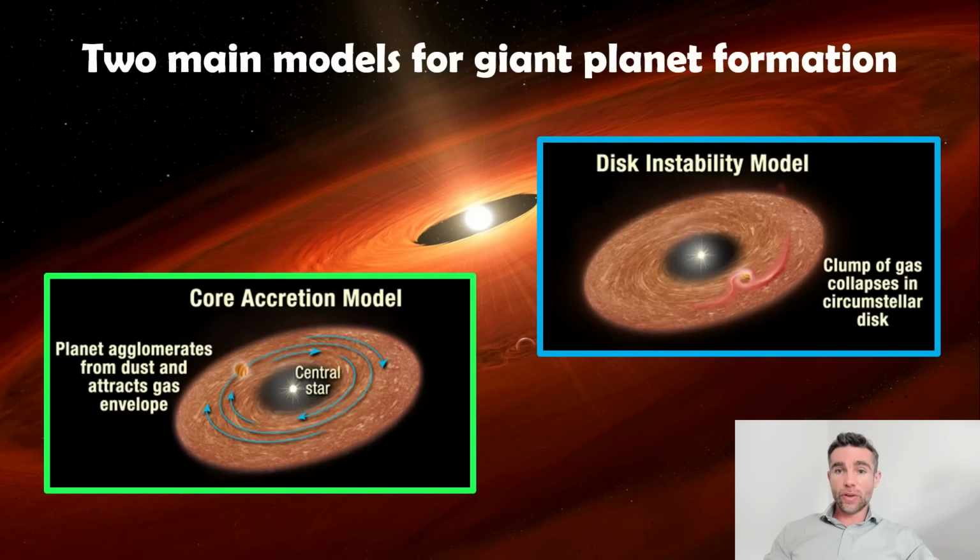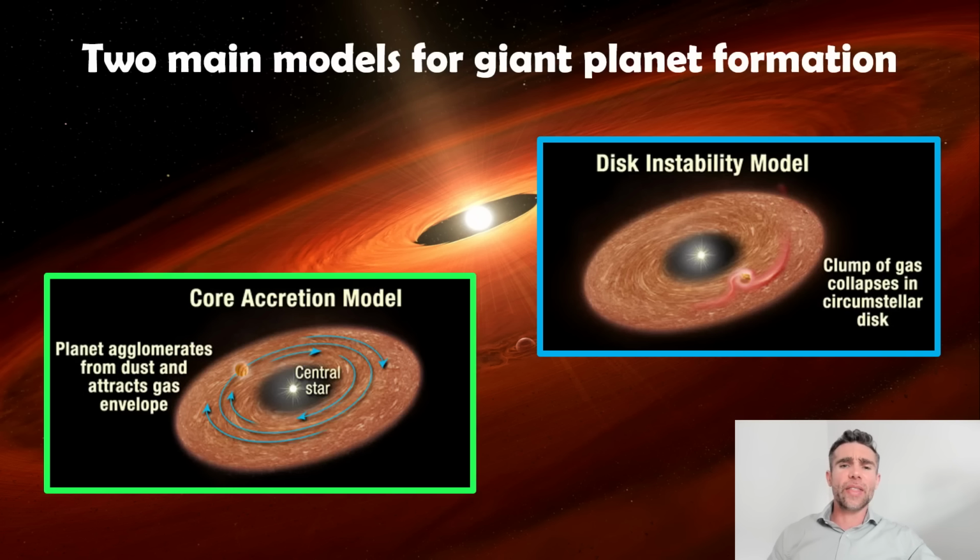Now there are a few different models for giant planet formation, which we're not too fussed about for this video. I've done a couple of separate videos on this. Planets can form with the core accretion model. What happens here is they form in the disk from the accumulation, the accretion, of dust, which then, once they get to a certain size, develop a gaseous envelope, with significant gas atmospheres, which makes the gas giants.